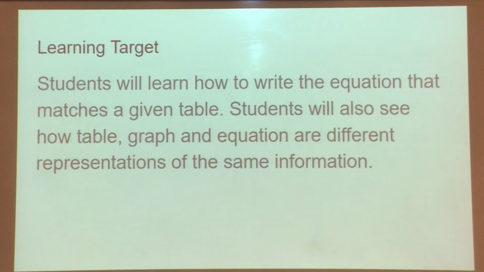Students will learn how to write the equation that matches a given table. Students will also see how table, graph, and equation are different representations of the same information.